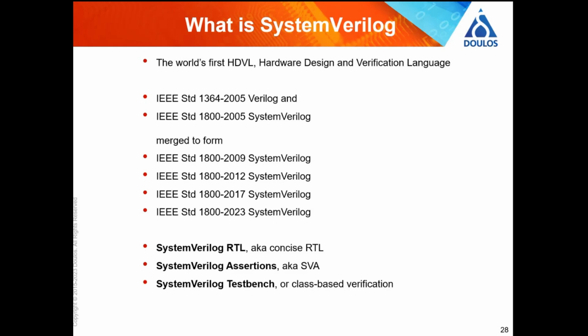It was first standardized in 2005, and back then there was a separate Verilog standard, but then they merged to form one standard. So since 2009, Verilog is like an unofficial subset of SystemVerilog, and you can see it's been regularly updated. It's pretty well supported by the EDA vendors, better supported than VHDL.